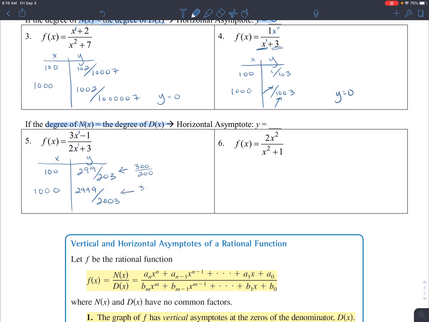This is pretty close to 3,000 divided by 2,000. This little plus 3 and minus 1 are pretty insignificant when you get bigger and bigger numbers.